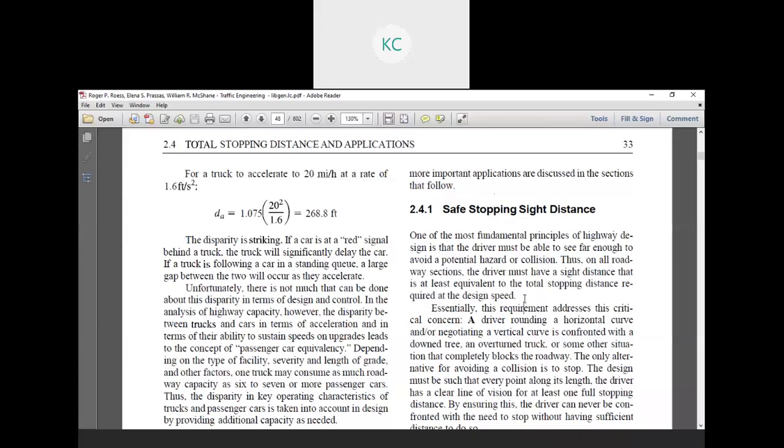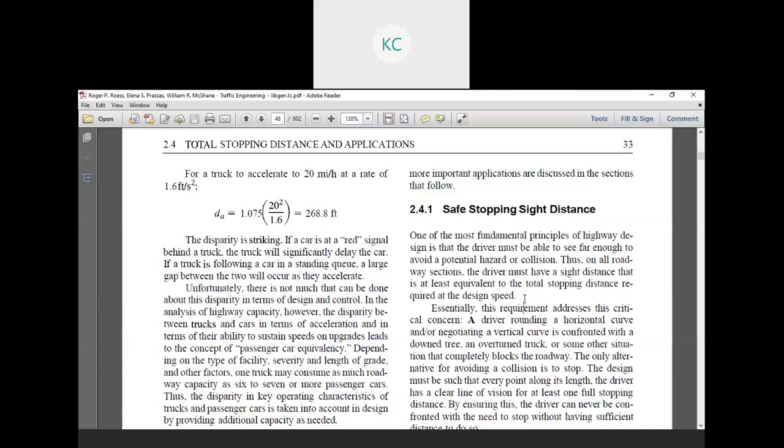In the previous lecture, we discussed what a design vehicle is. A design vehicle is a particular class of vehicle which is taken into account while designing a new highway as well as while improving an existing highway. But what is design speed? Design speed is a kind of speed limit, a maximum speed at which vehicles travel frequently.